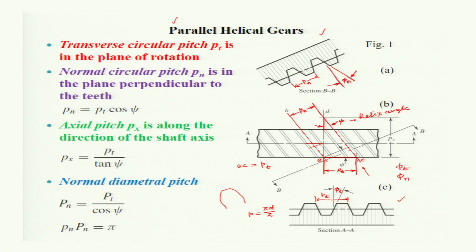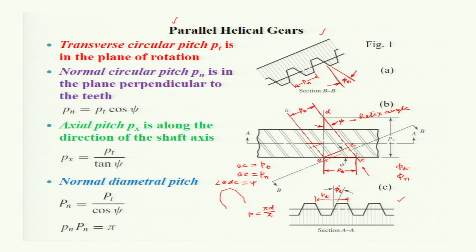So from A, a perpendicular is dropped, and this perpendicular intersects this line CD at point E. So AE is equal to the normal pitch PN, and angle ADC is the helix angle psi, isn't it? So, let us define the different nomenclatures.